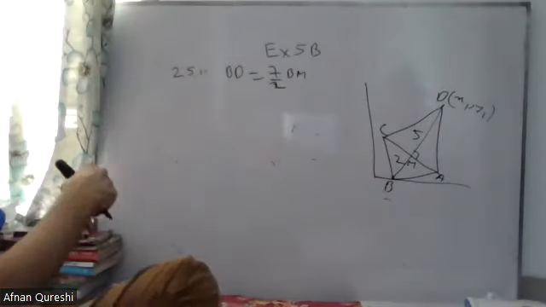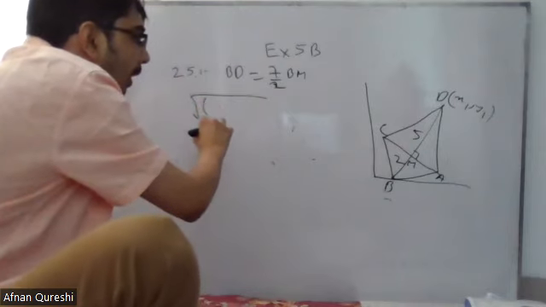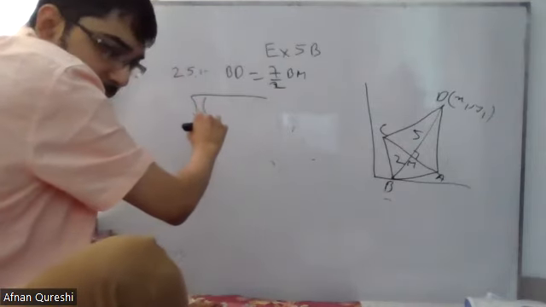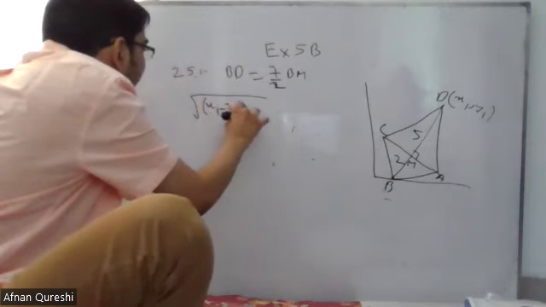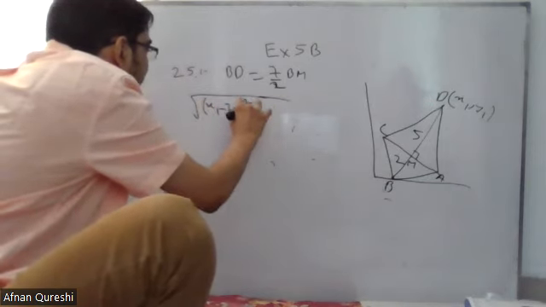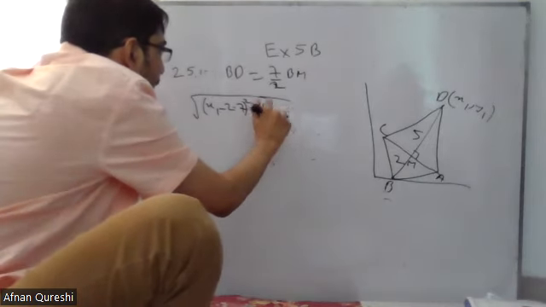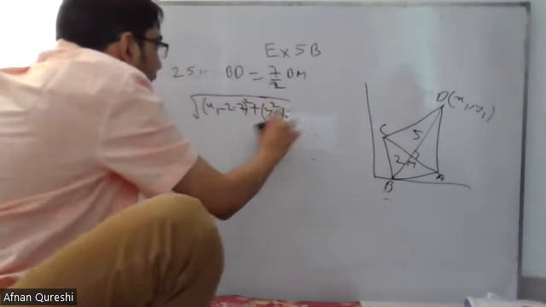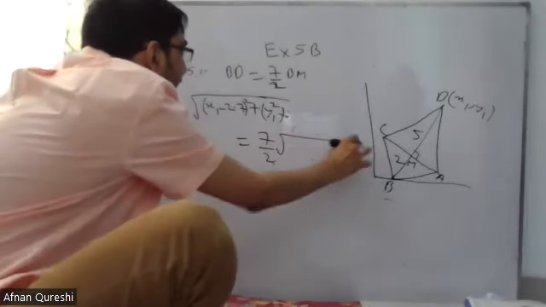So I can just use the distance formula. So root of x1 minus 2.7 whole square plus y1 minus 0, so y1 square, is equal to 7 by 2 into BM.